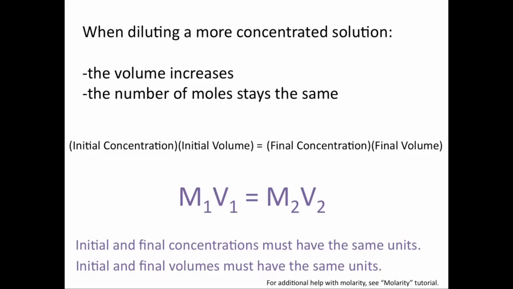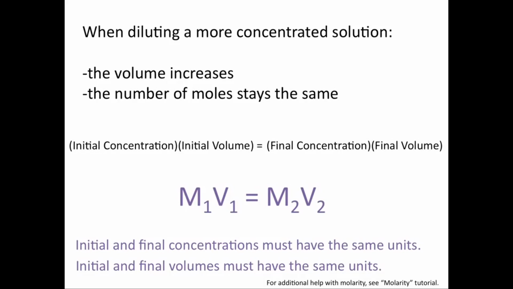And your initial and final volumes, or V1 and V2, must also have the same units. If you have concentrations in molarity, moles per liter, your volume does not necessarily need to be in liters, but your initial volume and your final volume need to have the same units, just as your initial and final concentrations must have the same units.